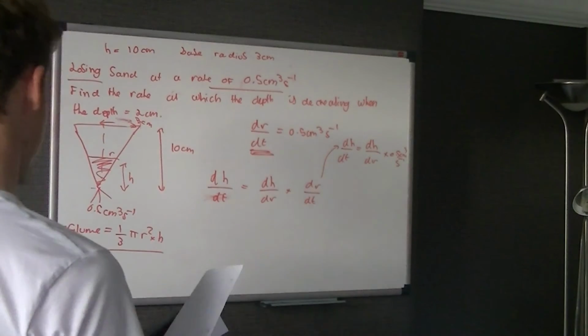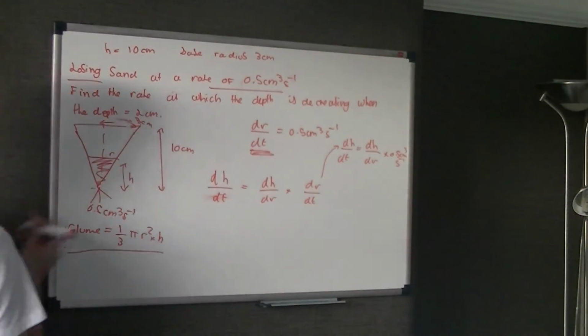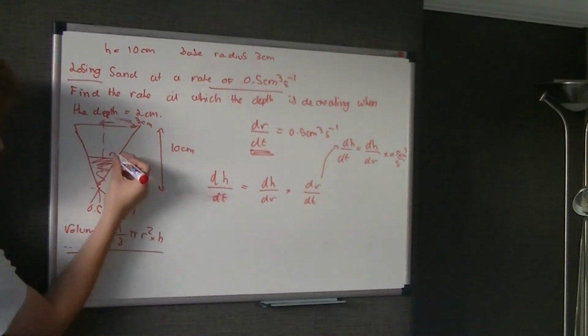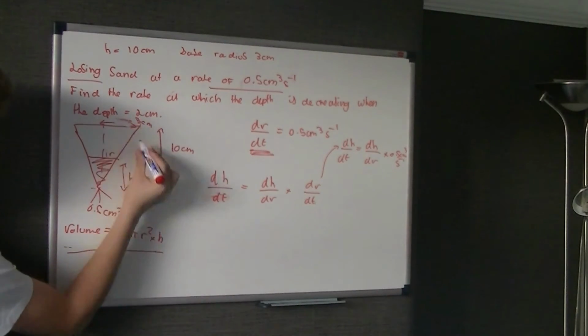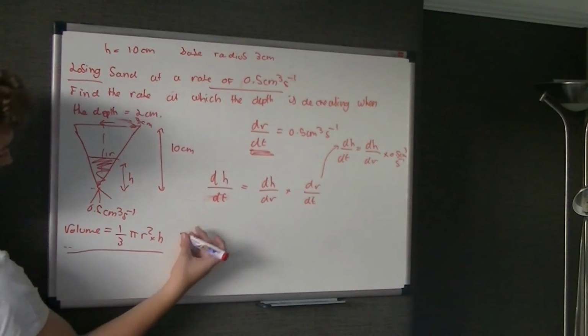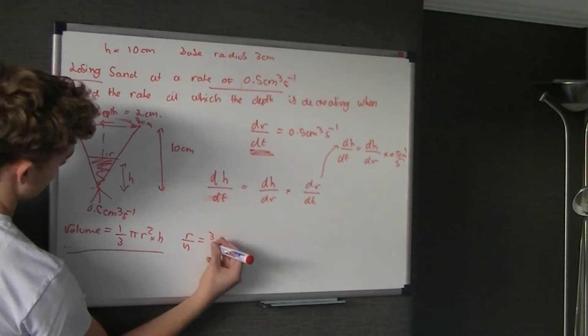Now the way of doing that is by using similar shapes. Again, it's a GCSE thing. What we've got is a small cone here and a big cone. So this r here over h will be equal to the r of the big radius over the h of the big height. So r over h is equal to 3 over 10.